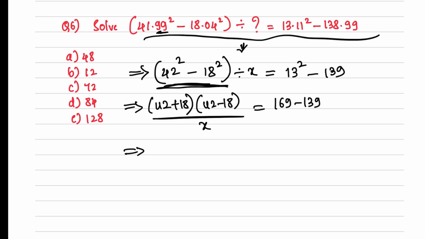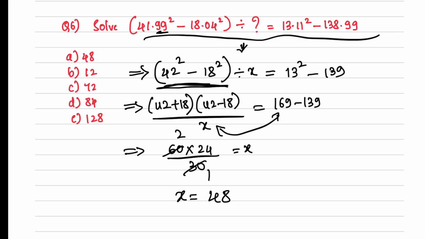So 42 plus 18 will be 60 into 42 minus 18 will be 24. This x will go here, this value will come here. So 169 minus 139 will be 30. So this is the x value. 3 ones are 3, 3 twos are 6. So x value we will get it as 48. Option A is the right answer.